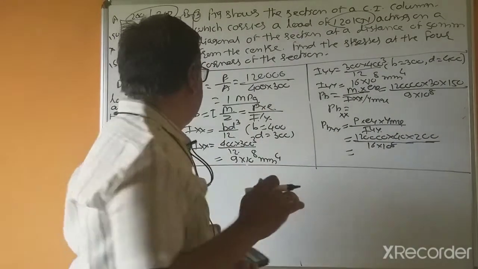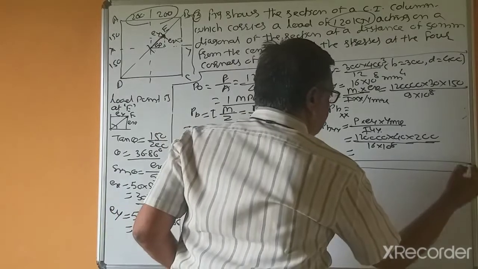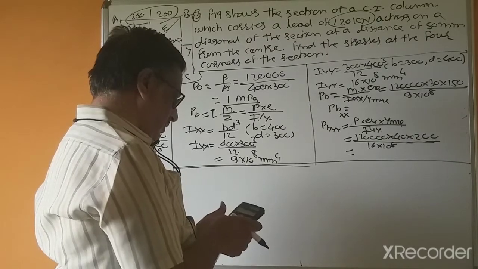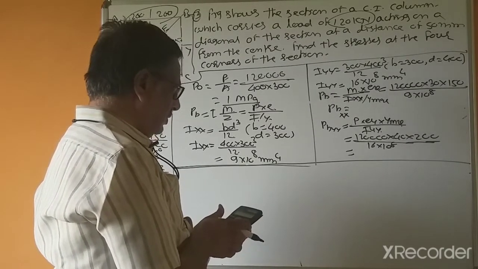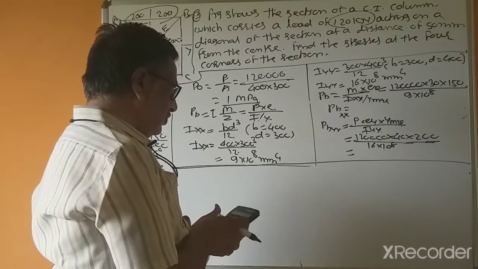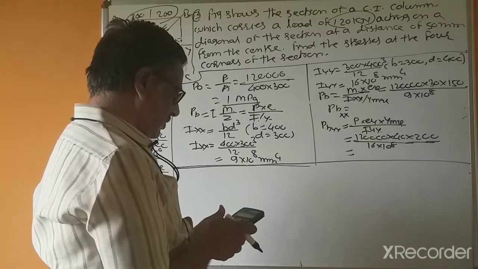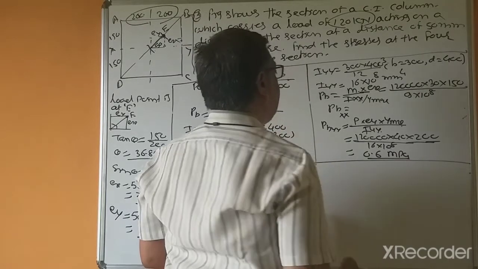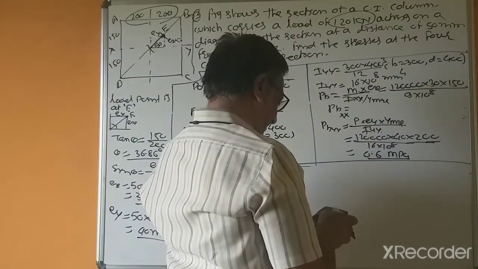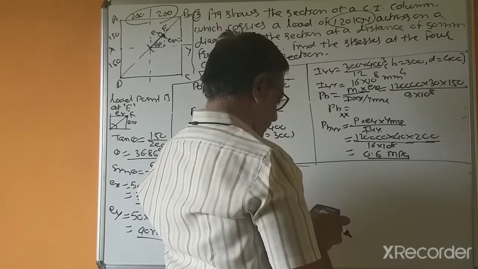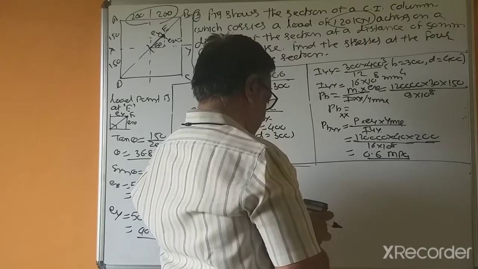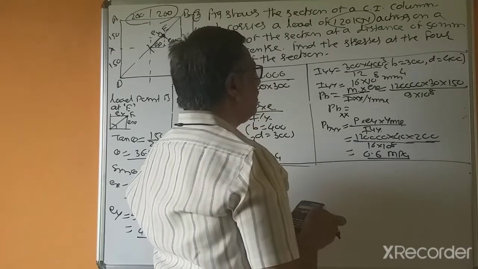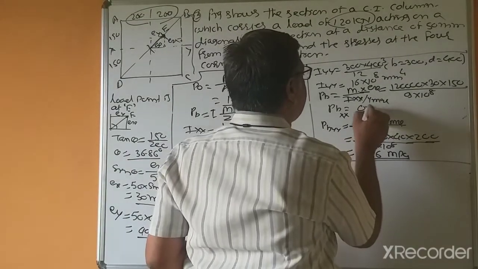I think we correctly solved it. This equals 0.6 megapascal, and for XX, again, this is also 0.6 megapascal.